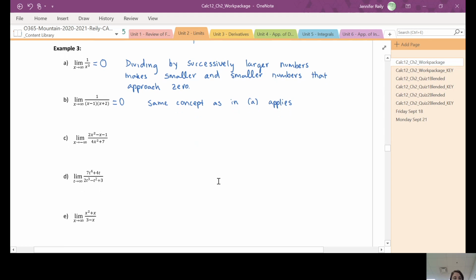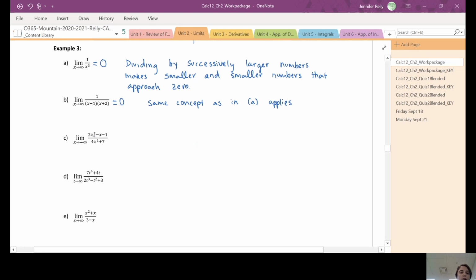This one is more complicated. So we have a rational function, 2x squared minus x minus 1 in the numerator, and then 4x squared plus 7 in the denominator. So when we're looking at very large numbers, we can just consider which terms are going to dominate.